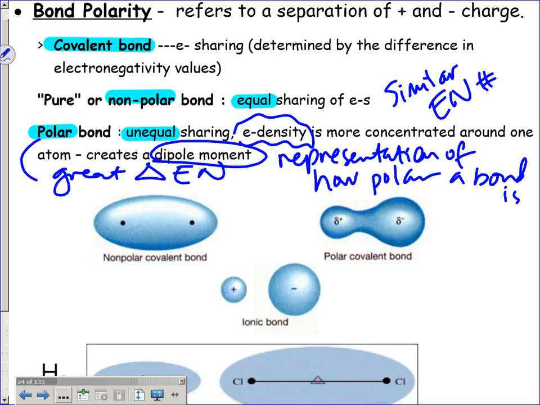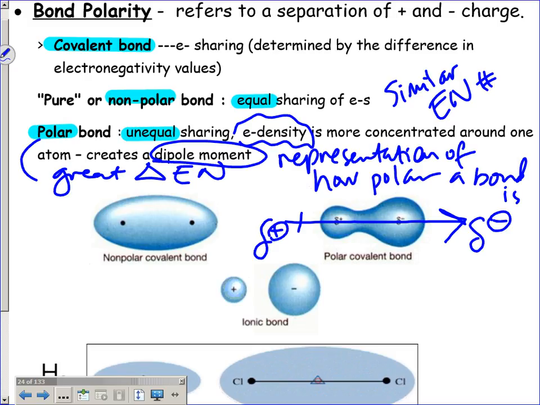You can see that this is a nonpolar bond: equal sharing, equal electron density around those two nuclei. This is a polar bond, which has greater electron density around this atom, which might be fluorine. We would then draw a dipole moment as a line with an arrow pointing toward the partial negative region, and a little hash mark, like a plus sign, on the partial positive region.